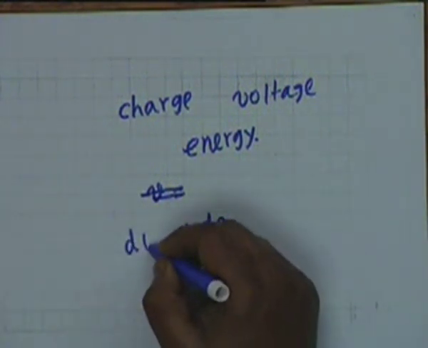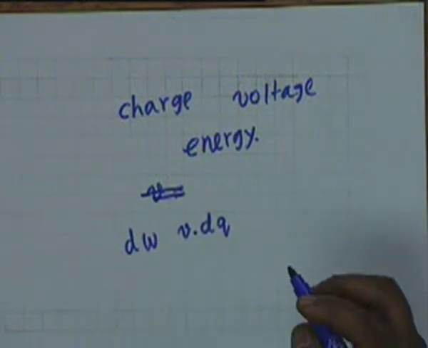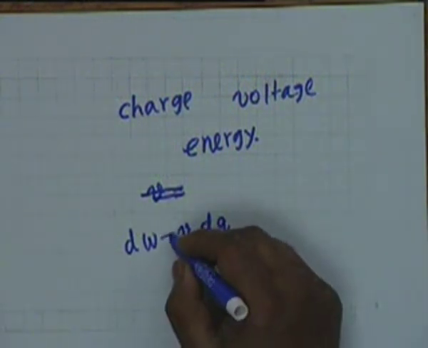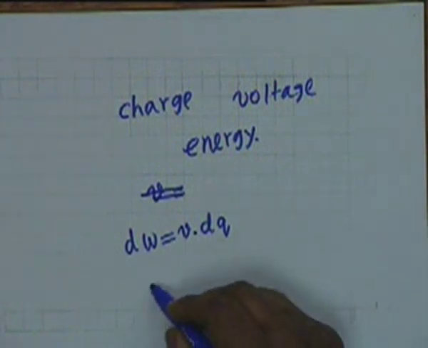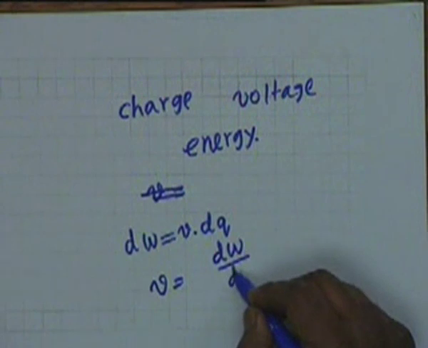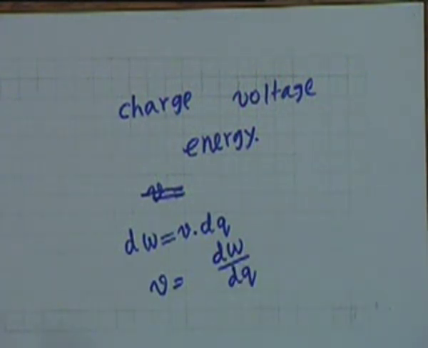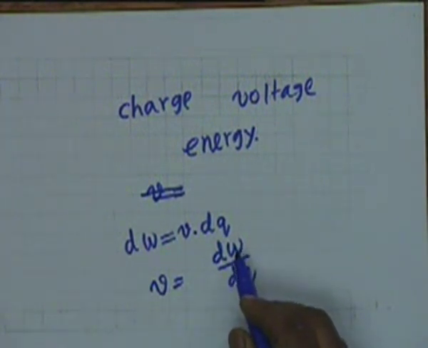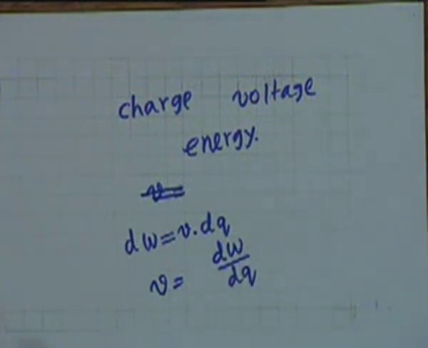This is the amount of work required to be done, dW. All right. So dW is equal to V dq. In other words, V can be written as dW/dq. This is the relation between voltage, energy and charge. V is dW/dq.